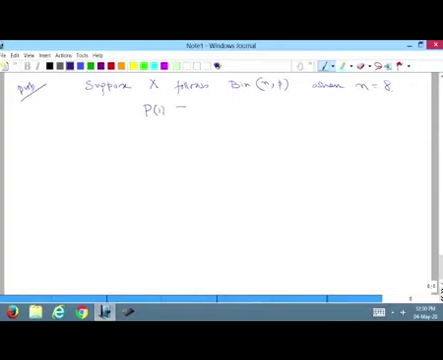Probability of 1 is equal to 0.2048 and probability of 2 is equal to 0.1024.